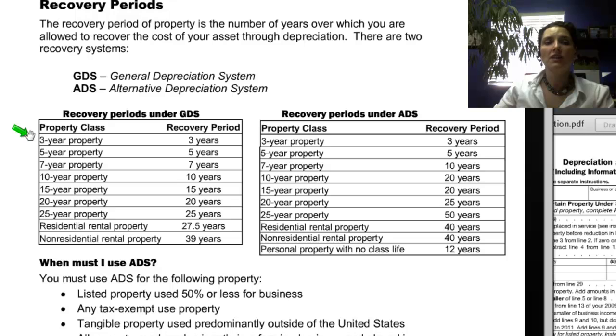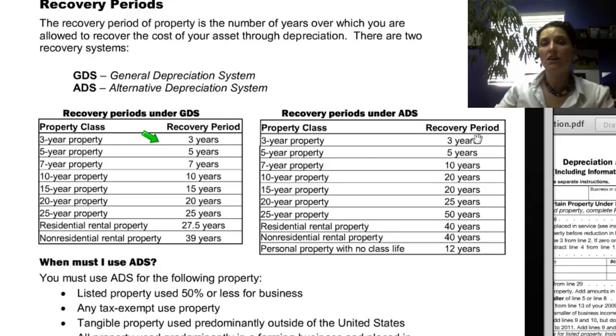So we can see that 3-year property has a recovery period of 3 years under GDS, and it also has a recovery period of 3 years under ADS. 5-year property is 5 years under GDS as it is under ADS. But by the time we get to 7-year property, we start to see a change. 7-year property under GDS is given a 7-year recovery period, but under ADS it has a 10-year recovery period.